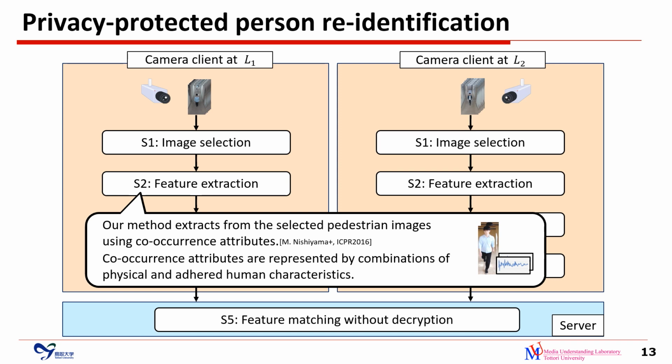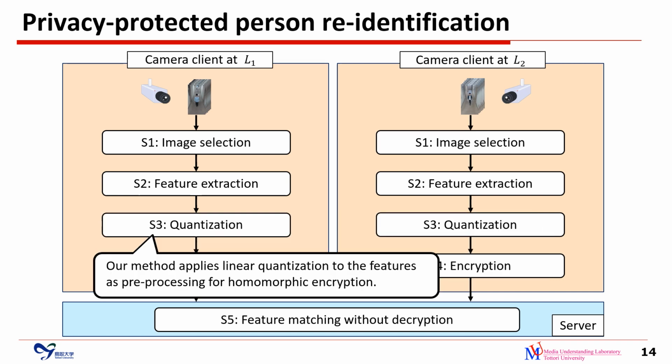Co-occurrence attributes are represented by combinations of physical and adhered human characteristics. For example, a man wearing a suit, a 20-something woman, or a person with long hair wearing a skirt.